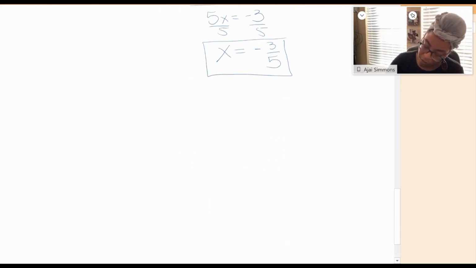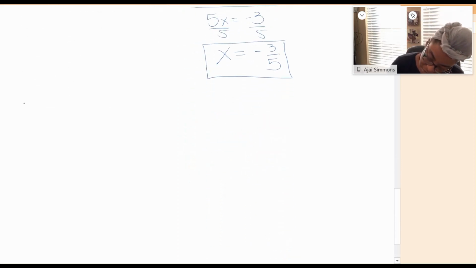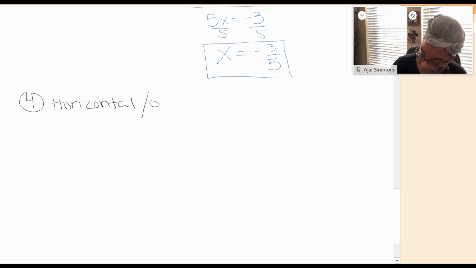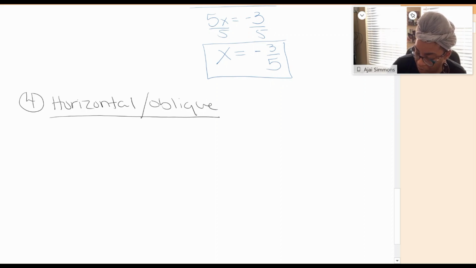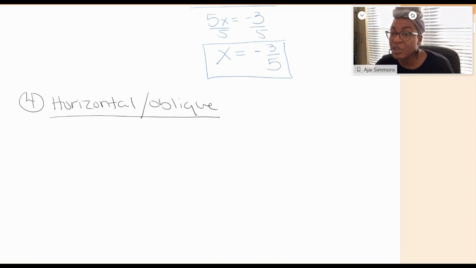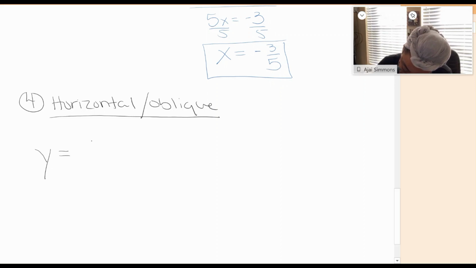Okay, step 4. Horizontal and oblique. The degree of the top and the bottom, that's how you know what to do here. Let's look at the original problem again.